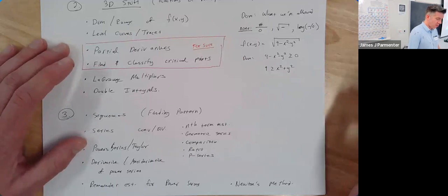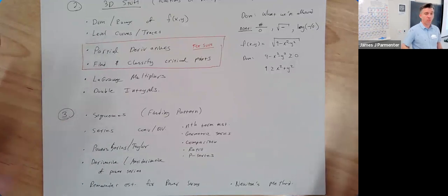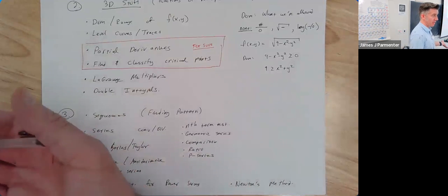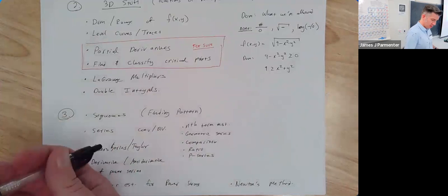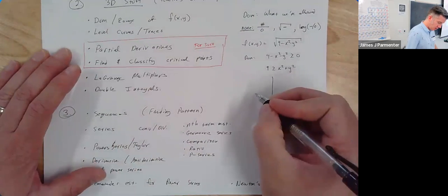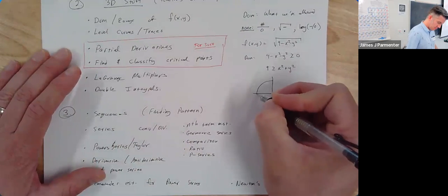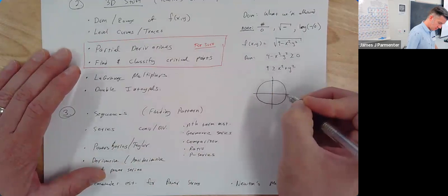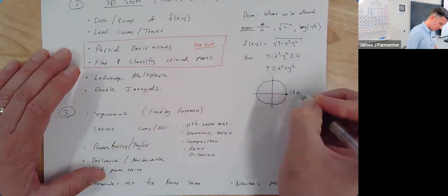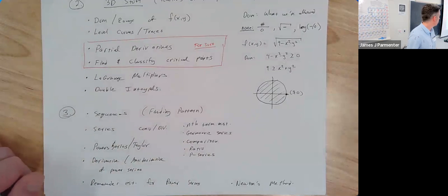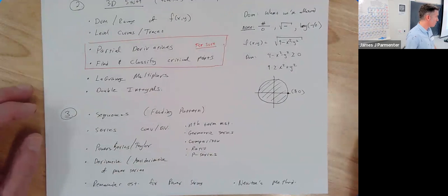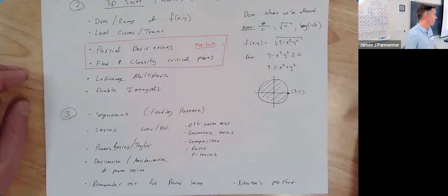So we're talking about some region in the xy plane where this function is defined. Sometimes we might even ask you to draw it. And here's the domain of that function: everything inside and including the circle of radius 3 centered at the origin.